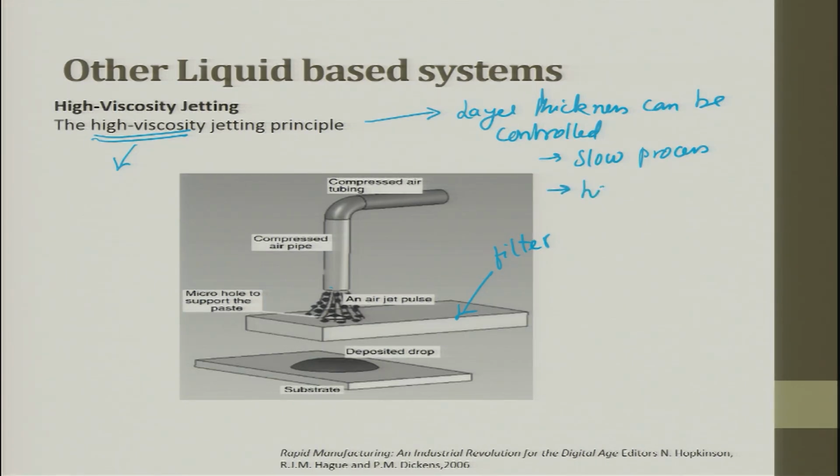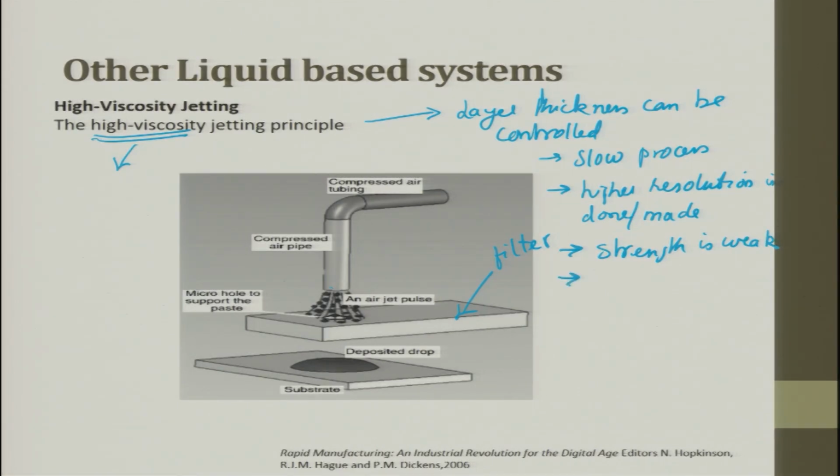So, higher resolutions can be made. The strength is weak. Okay, strength of the component is weak, and it is still in research. These are the points we should understand.